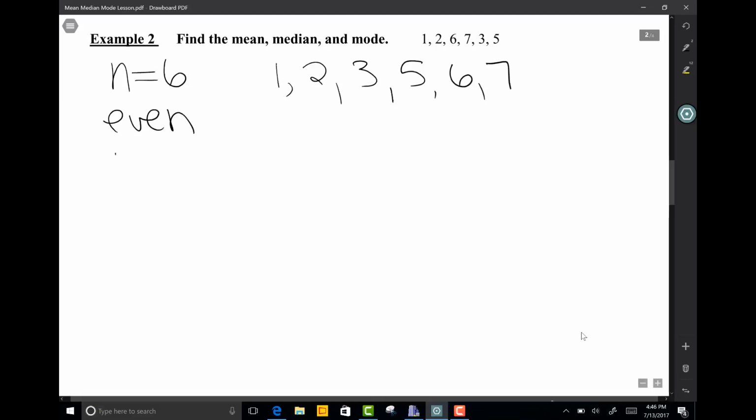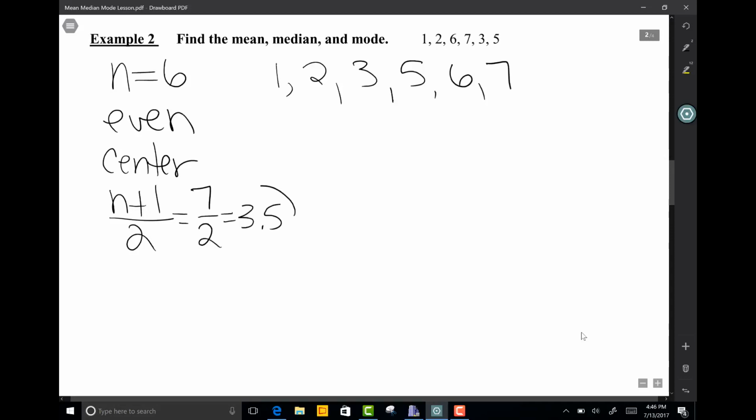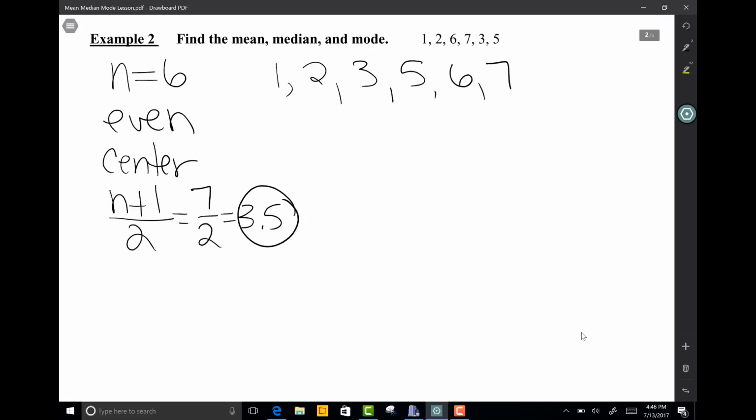Okay, so to find our center value, when we have an even set, we take n plus 1 divided by 2. Since n is 6, I have 6 plus 1, which is 7 divided by 2, which is 3.5. So I know that with an even set, I'm going to have 2 middle values.